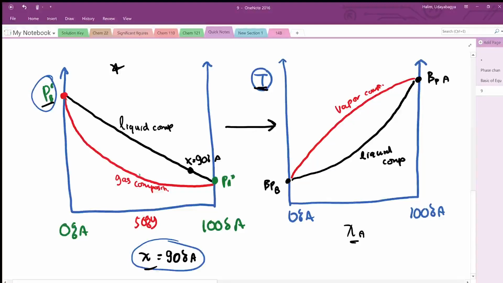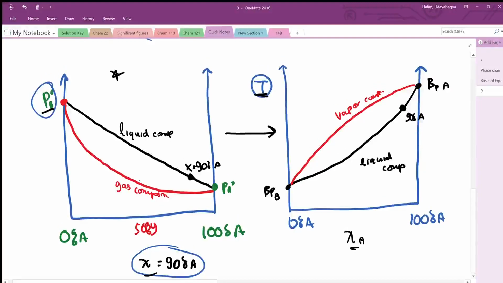That is, if I were to have, say, a 90% solution of A, so this is 90% A, what I will find is that the vapor composition is not going to be 90% either. Because A is harder to boil compared to liquid B, the composition in the vapor phase is going to be different.